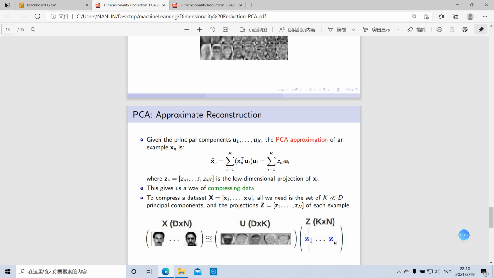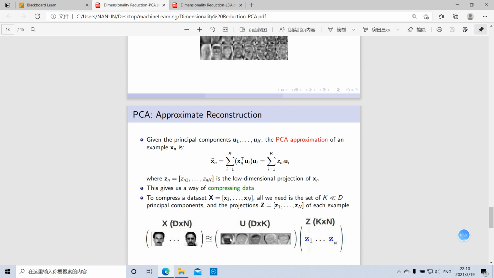We can reconstruct the original data, not exactly, but somehow. You can see this projection matrix U more or less remains unchanged, and then we use fewer dimensions.